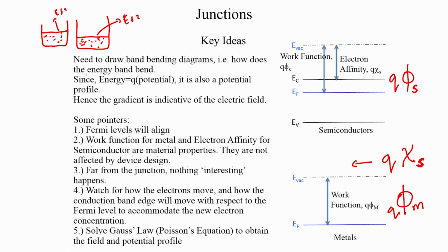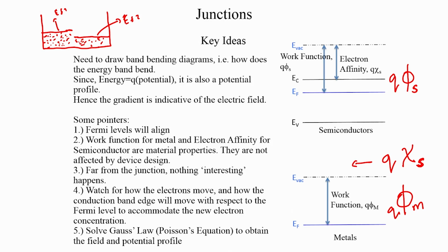Now, while creating a junction, we bring these two buckets close to each other and we simply remove the wall between them. There is no wall between these two buckets. So what is going to happen? The water molecules will not like to see these two different levels. There is clearly a concentration gradient here, and therefore you will establish a diffusion of electrons, or in this case water molecules, from the bucket that has a higher water level to the bucket that has a lower water level.